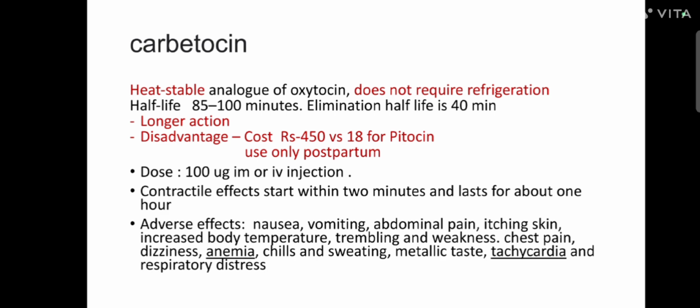You should remember all those adverse effects before you give any kind of medicine. Okay, even if you don't remember the mechanism of action and all, it doesn't matter, but remember that it is going to act on the uterus. And also you need to particularly remember these adverse effects.